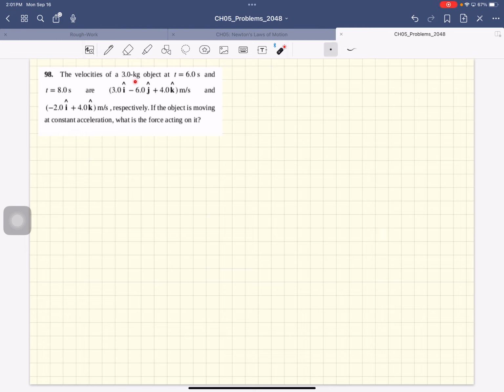All right, the velocities of a 3 kg object at t equal to 6 seconds and at 8 seconds are given. So there's the initial velocity and there's the final velocity. If the object is moving at constant acceleration, what is the force acting on it? Okay, so acceleration is change in velocity divided by change in time.